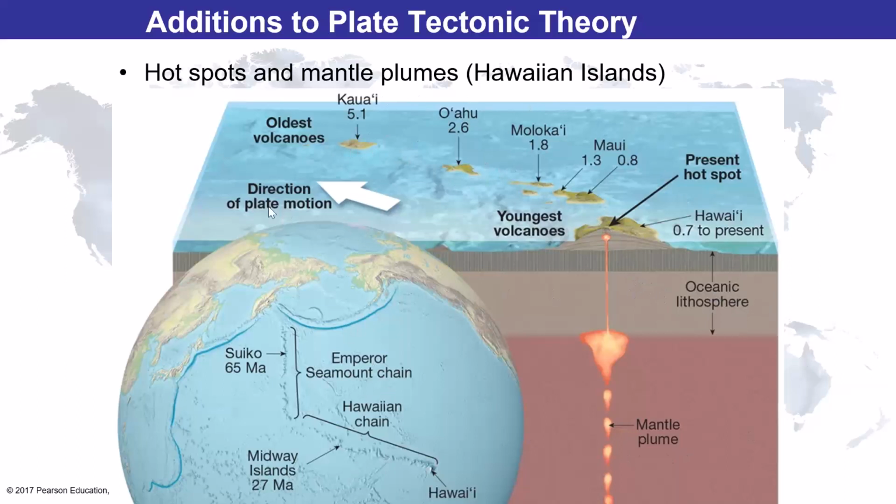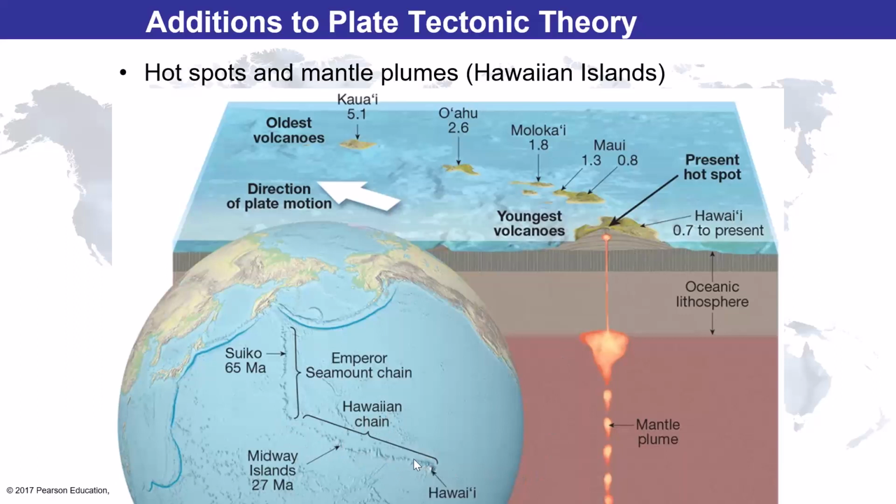So the Pacific plate is moving northwest, and the hot spot, which is stationary, is creating this island chain over various millions of years. And so you can see this Hawaiian chain is much larger than really what we're familiar with.